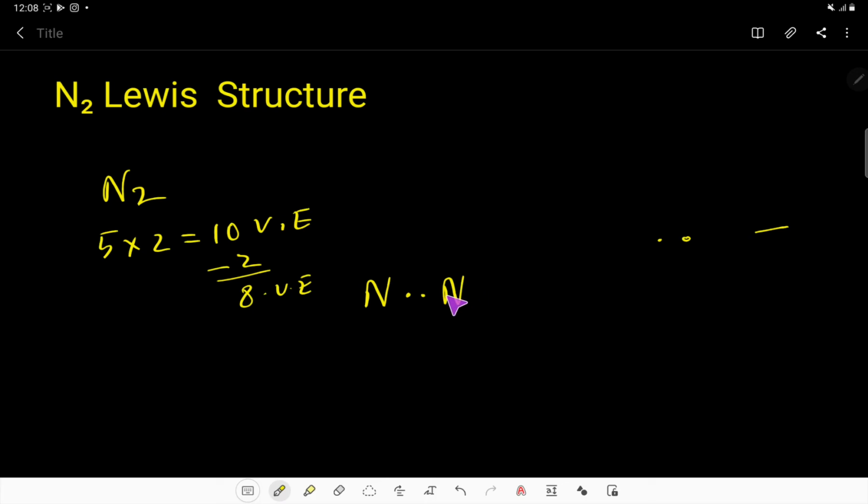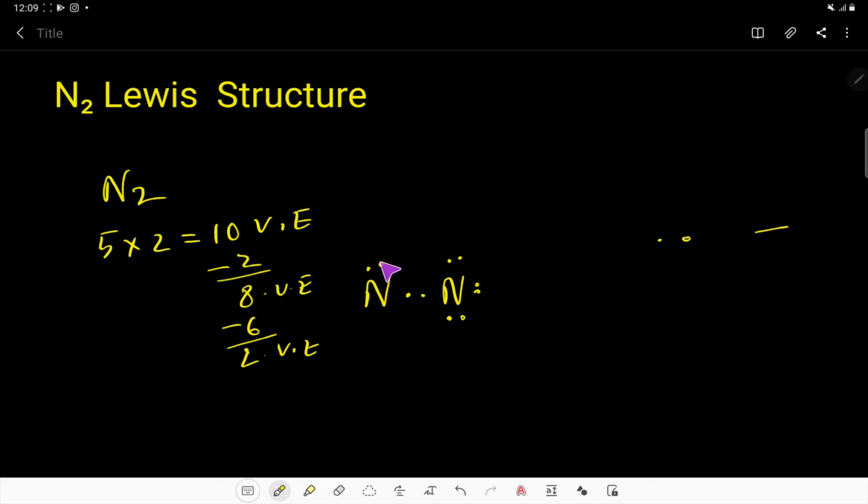So this nitrogen, to fulfill octet, needs 6 more valence electrons, right? So we have used 6 here, so we have 2 left, right? And these 2 valence electrons will come here. Now calculate, this nitrogen has 2, 4, 6, 8, but this nitrogen has 2, 4.